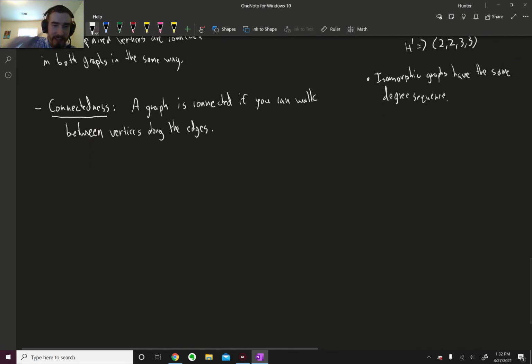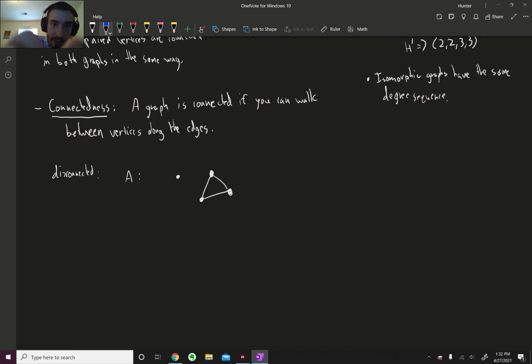So what would a disconnected graph look like? Well, visually it looks like there's more than one piece of the graph. So for example, let's call this graph A. This graph A is disconnected.